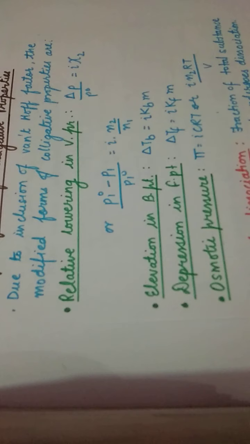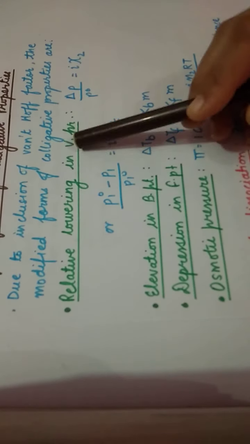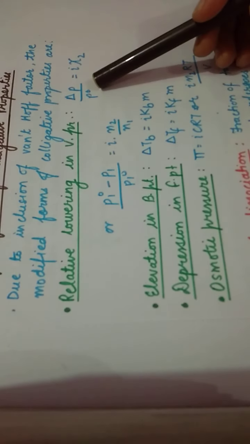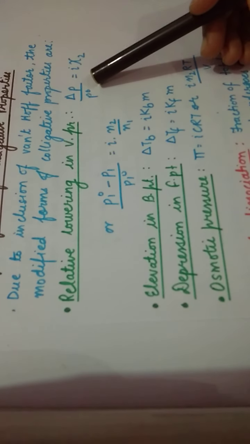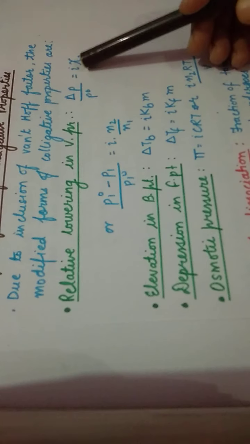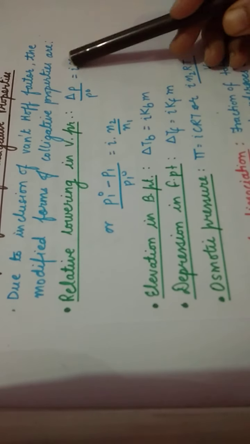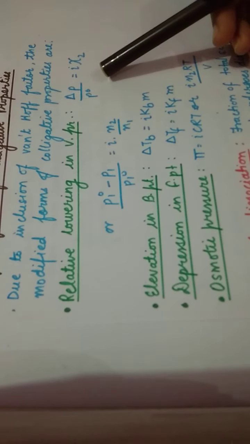So children, if you remember, for the relative lowering in vapor pressure, the formula we got after the derivation is delta P upon P naught is equal to X2, that is the mole fraction of the solute. After inclusion of Van't Hoff factor, it will be I into the mole fraction of the solute.